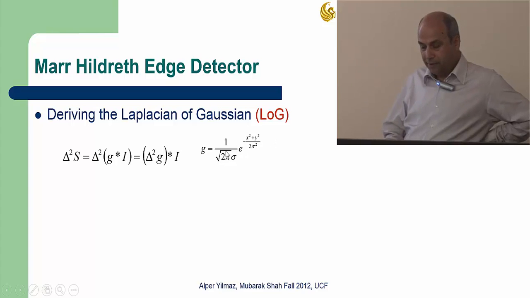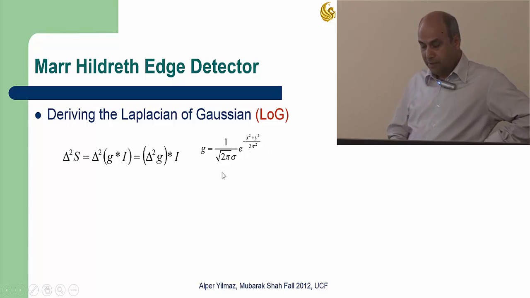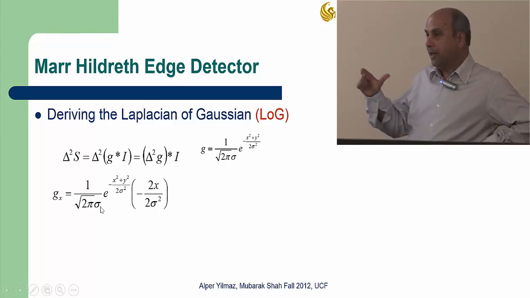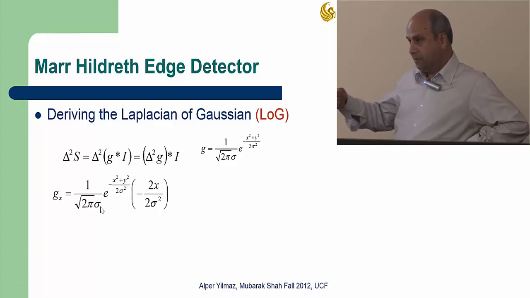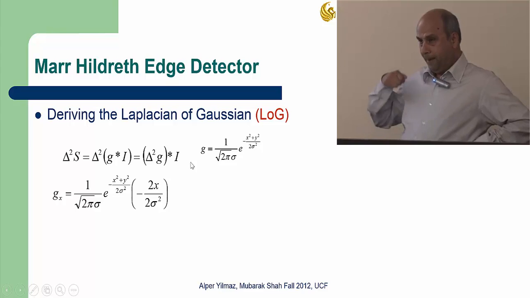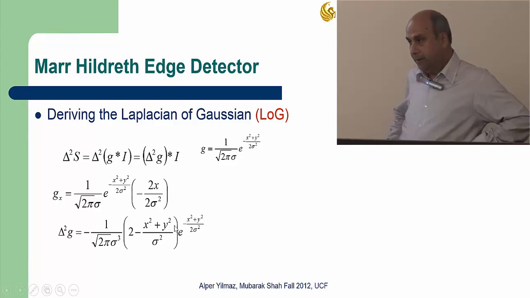So let's say you want to differentiate this with respect to x. This is an exponential, so that stays the same, then we differentiate the exponent with respect to x, which becomes minus 2x upon this. So that is the first derivative of Gaussian with respect to x. You can then differentiate again with respect to x, and then differentiate with respect to y, and again you add that up, and you will get something like that.